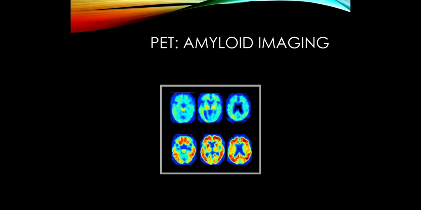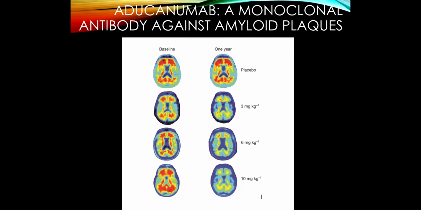And we can image for amyloid, which shows up in red. This is very useful, especially for research studies, and there's a lot of push to get this available for routine diagnosis of Alzheimer's dementia.